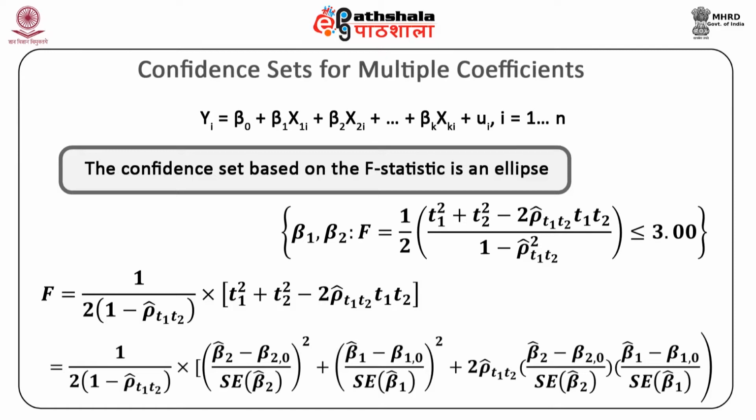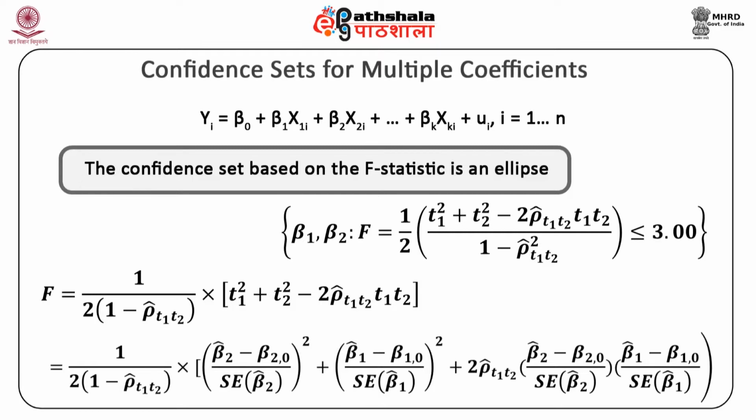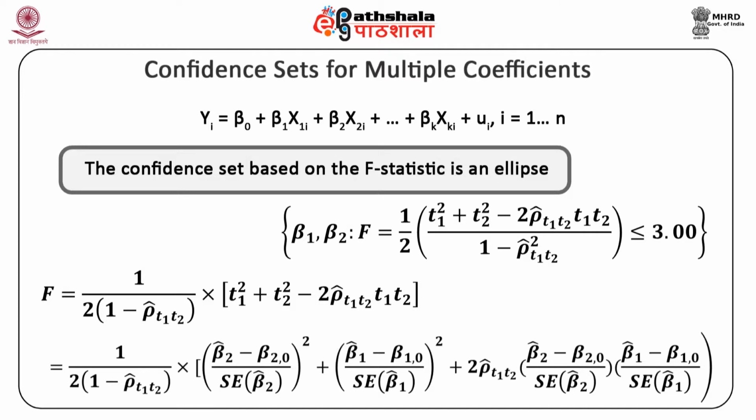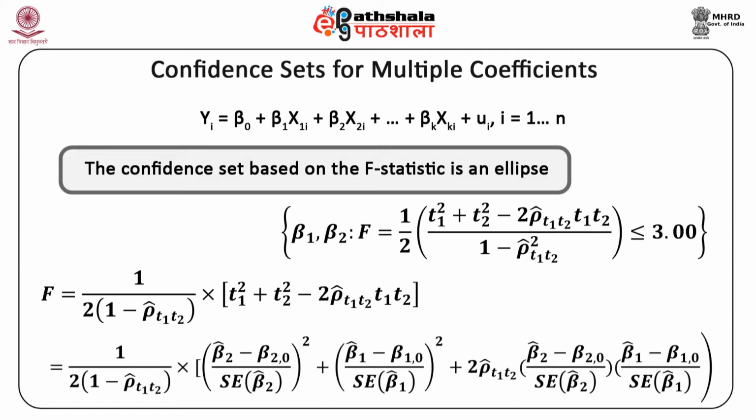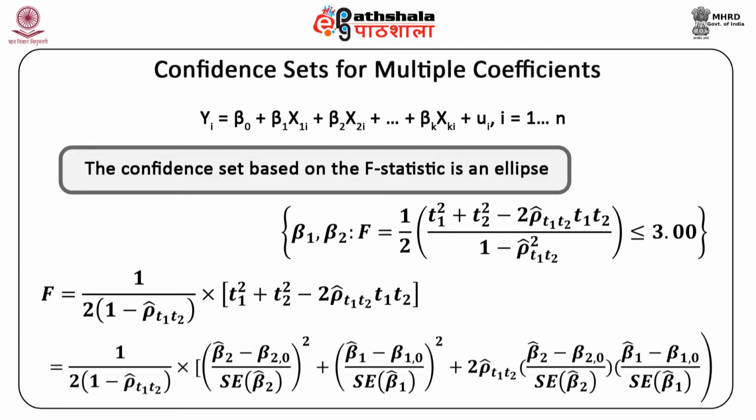So let F of beta 1 0 and beta 2 0 be the heteroscedasticity robust F statistic testing the hypothesis that beta 1 is equal to beta 1 0 and beta 2 is equal to beta 2 0. For this, the 95% confidence set can be written as the beta 1 0 and beta 2 0 such that F of beta 1 0, beta 2 0 is less than 3.